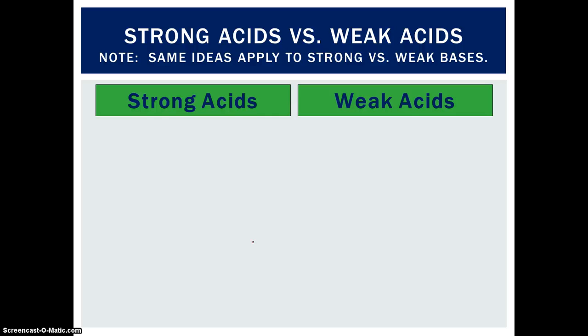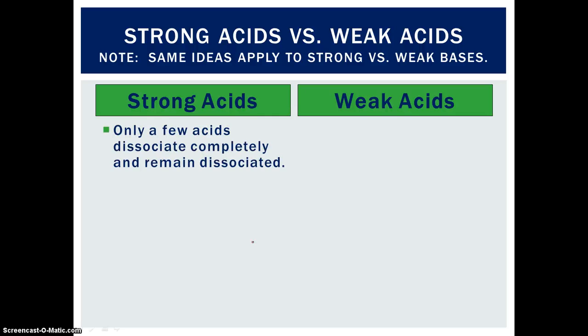So let's do a little bit more side-by-side comparison. Strong acids, there's only a few of them, dissociate completely and remain dissociated. You want to have this list. Any of the acids that are formed with our halogens are called halides. HCl, HBr, and HI, hydrochloric, hydrobromic, and hydroiodic, are all strong acids.